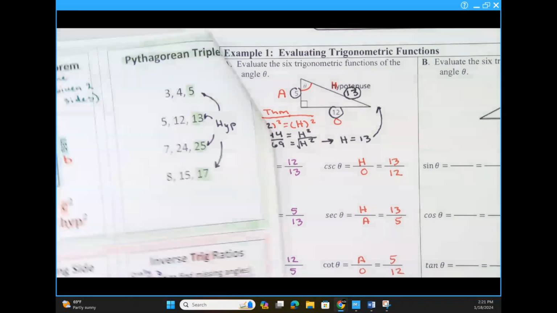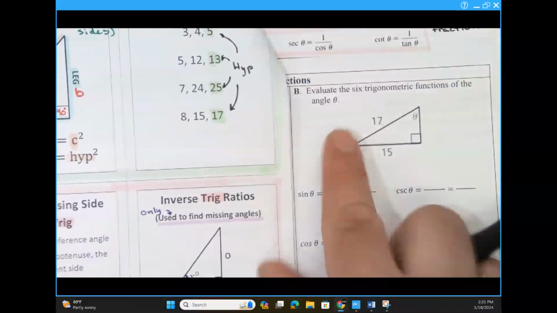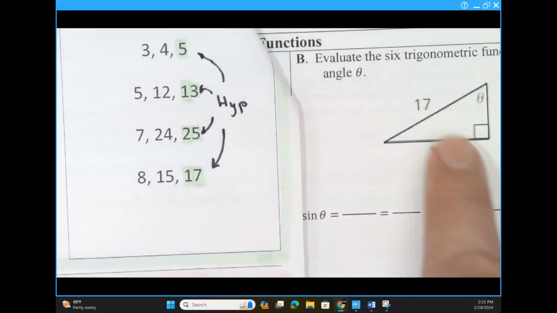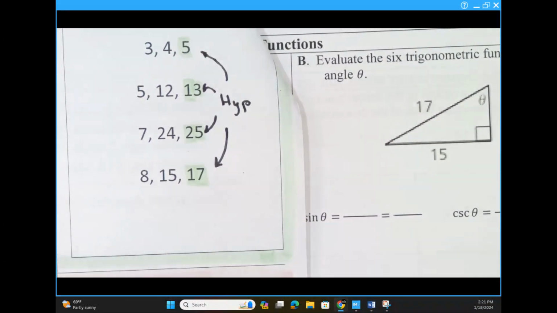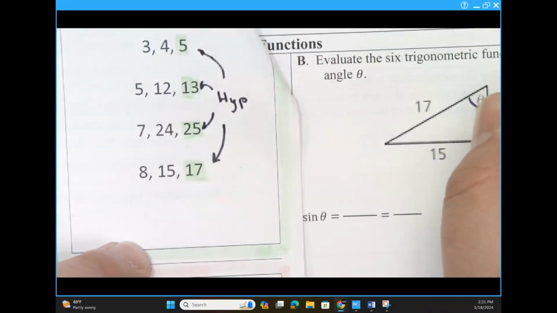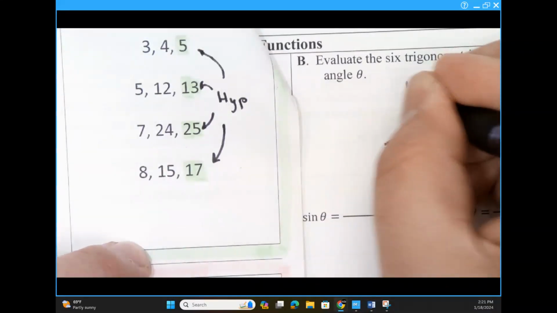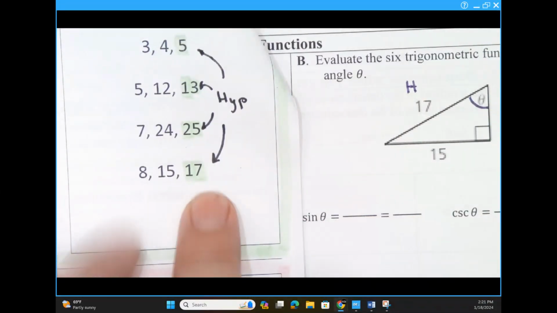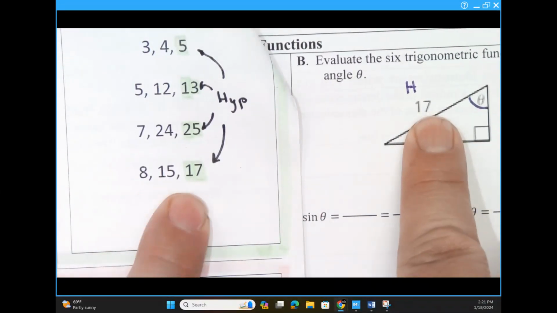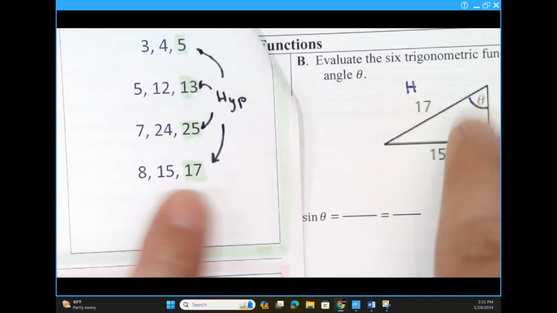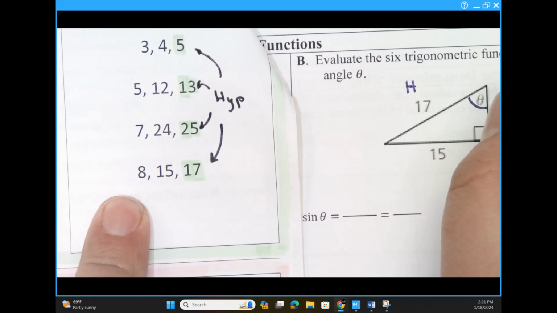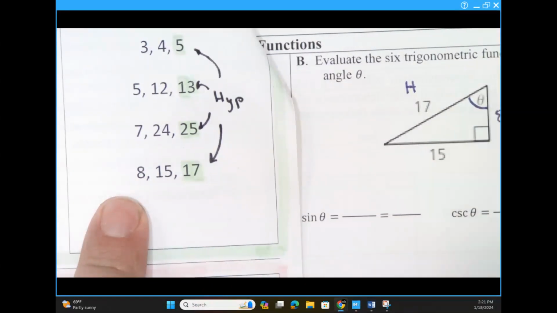In fact, let's see if it works for this one. Evaluate the 6 trig functions, and let's see, the sides are 15 and 17, but here's what's important. Here's my angle. This is the height. So if your height isn't 17, this doesn't work. Well, there it is. Look at that. Pythagorean triple. The hypotenuse is 17. The leg is 15. And there it is. Without any work, I already found that this is an 8.